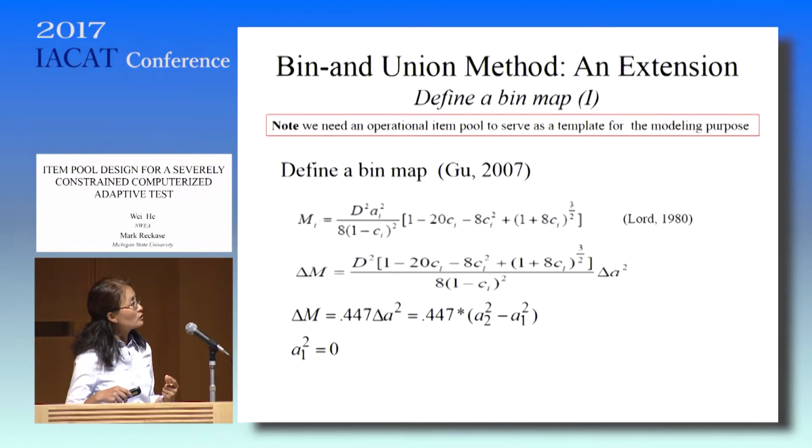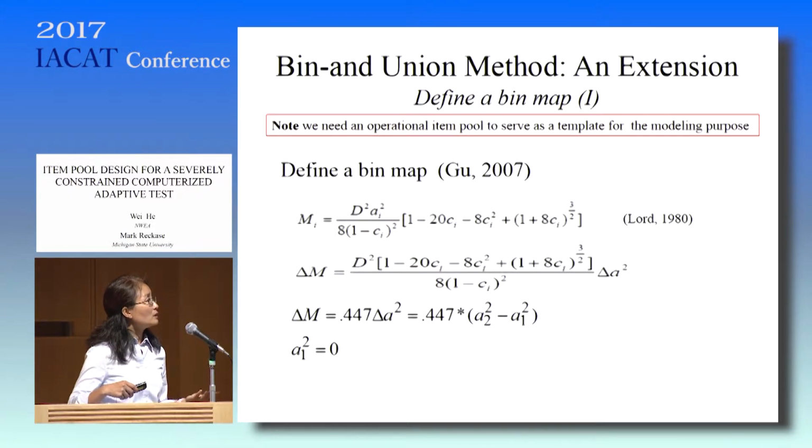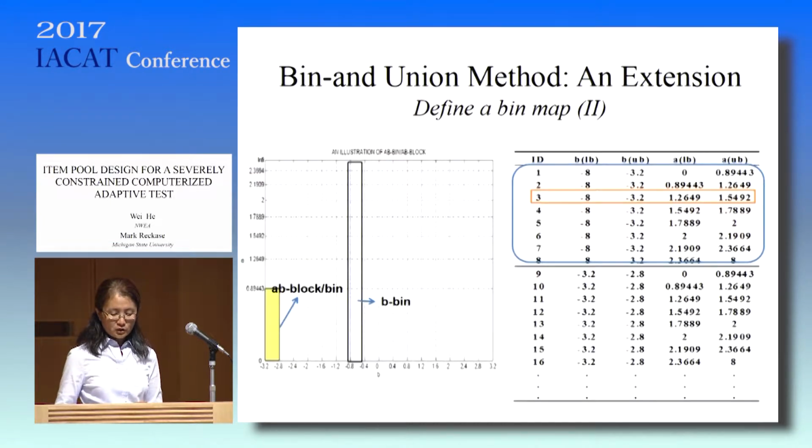And if we substitute, maybe 0.2 or 0.25 as the C value, then we know that the A parameter always starts from 0. It's always a positive number. Then, given the amount of change in item information, we can work out the boundary of the A value. So with this information, we can design a bin map like this.